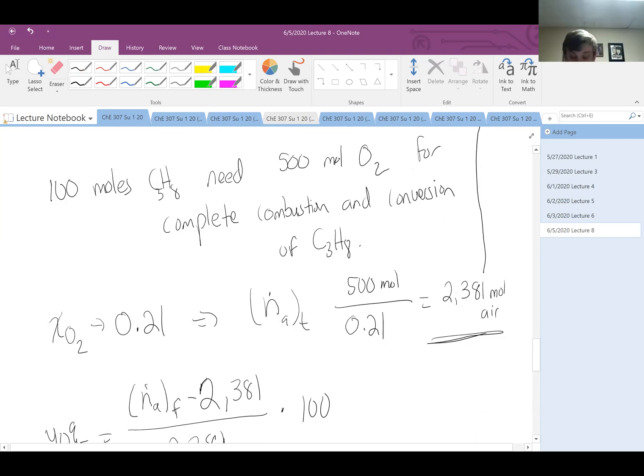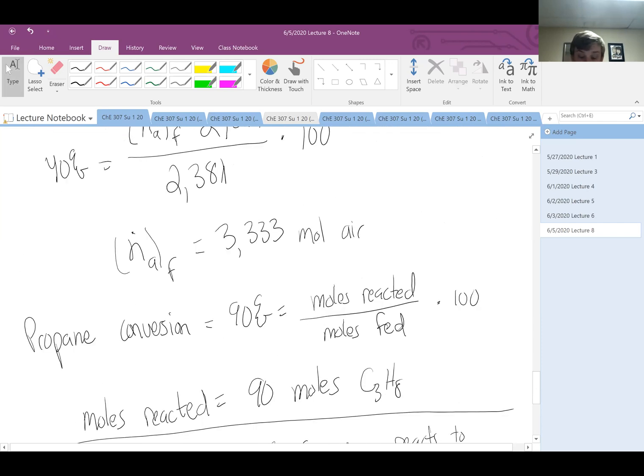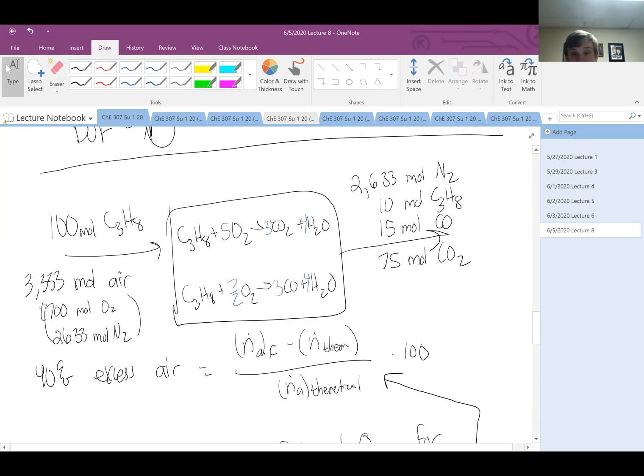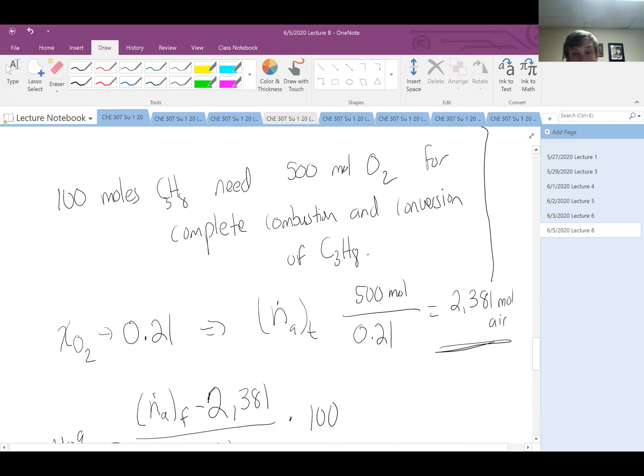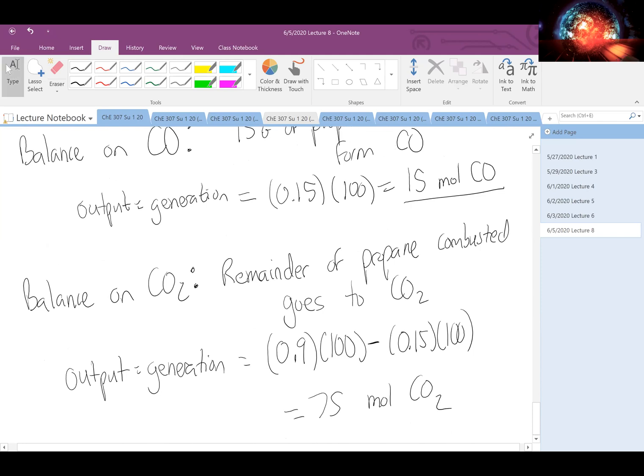Oh, excuse me. I thought only 90% of the propane was reacting, not 100. It is just 90, but I forgot the stoichiometry. So I have to multiply this times the stoichiometry. Thank you for reminding me.